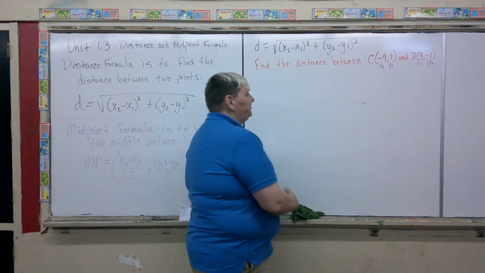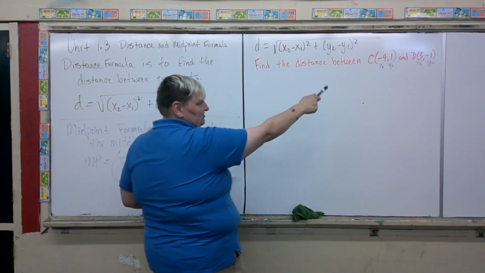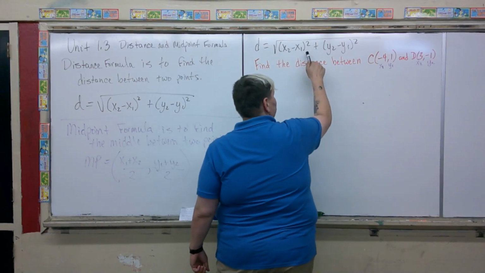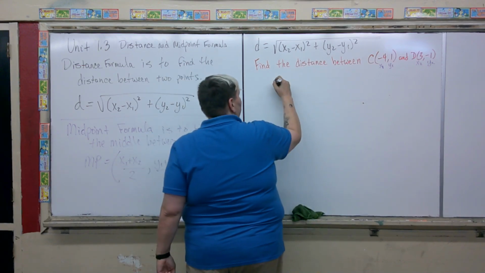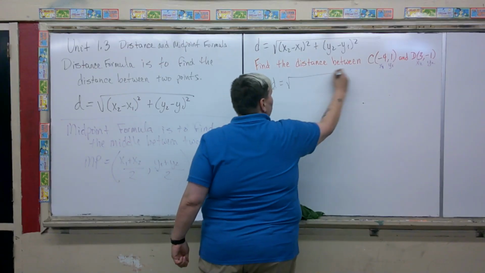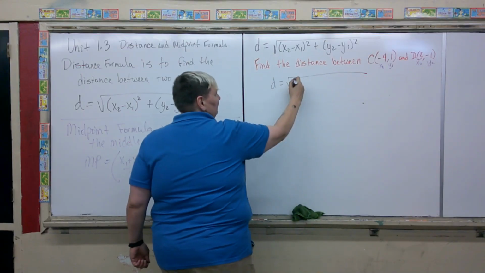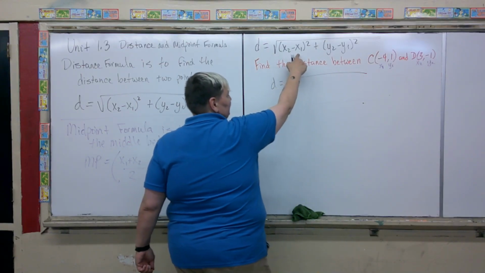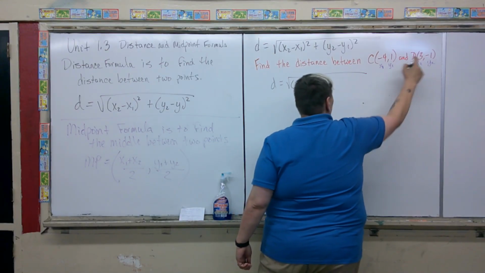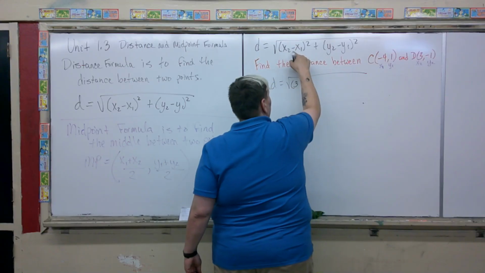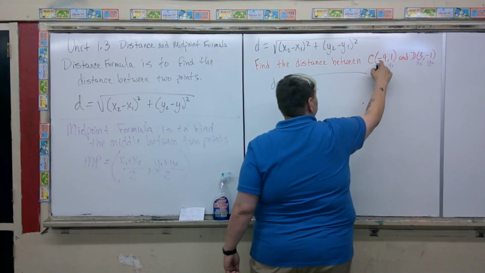Now we're going to substitute these values, these coordinates, into the formula. D equals square root, x squared minus x1, x squared minus x1.